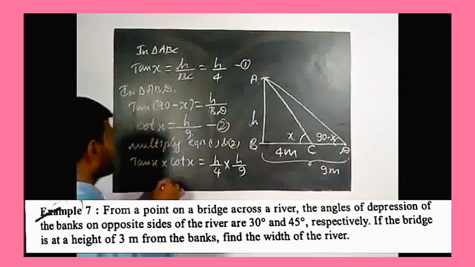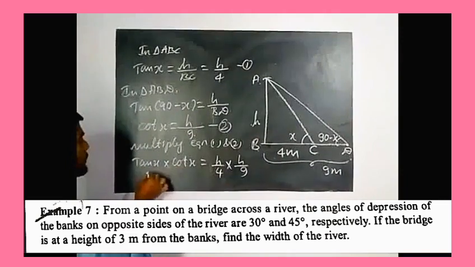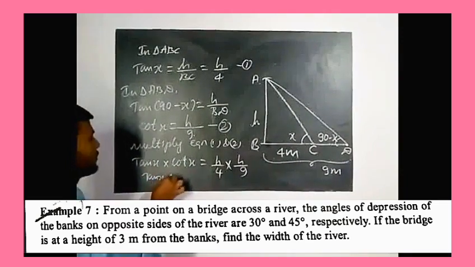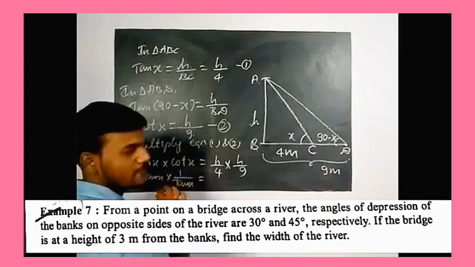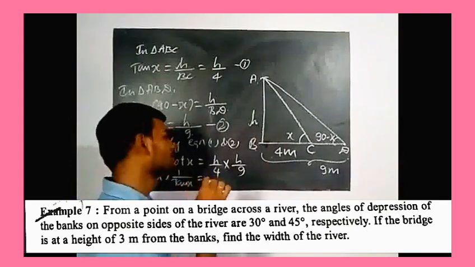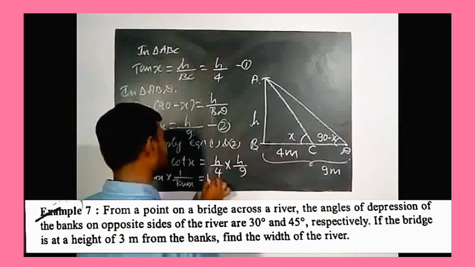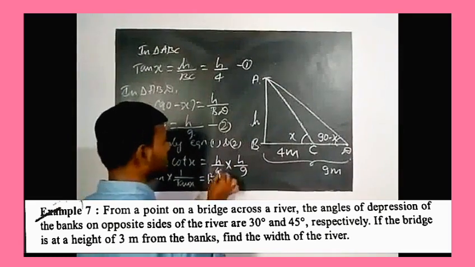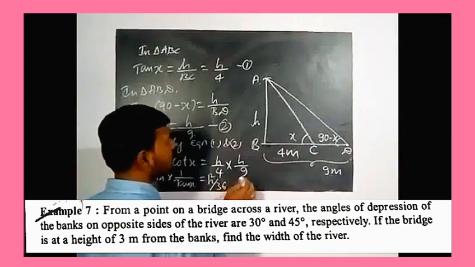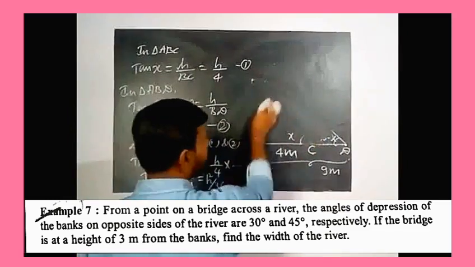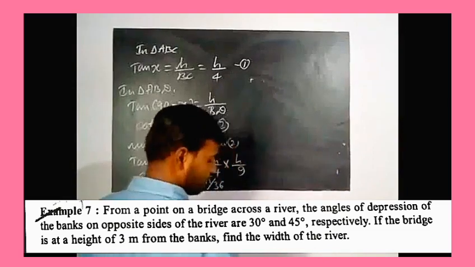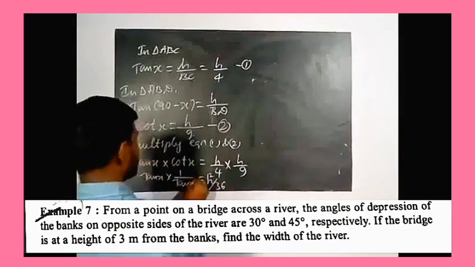Tan x into cot x can be written as tan x into 1 by tan x, because they have the reciprocal relation. And h is multiplied to h, and it becomes h square by 4 nines are 36. Next, if we simplify it, tan x and tan x get cancelled.